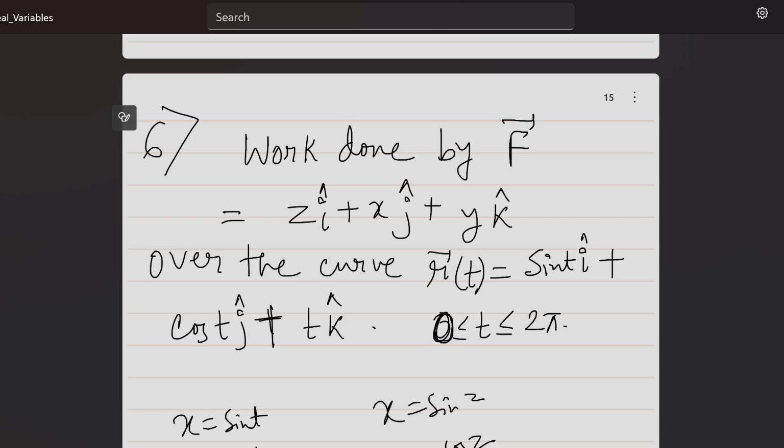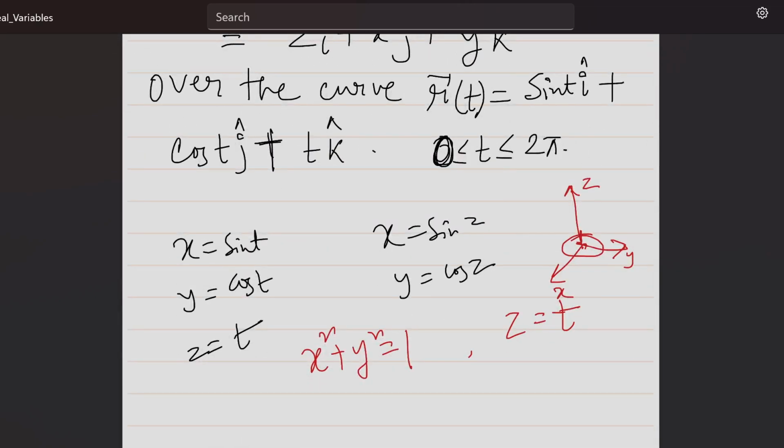That means x square plus y square is 1. In the xy plane, it is a circle, and z is the parameter t. Z varies as t goes from 0 to 2 pi. So this is a circle in the xy plane, and z goes from 0 to 2 pi.